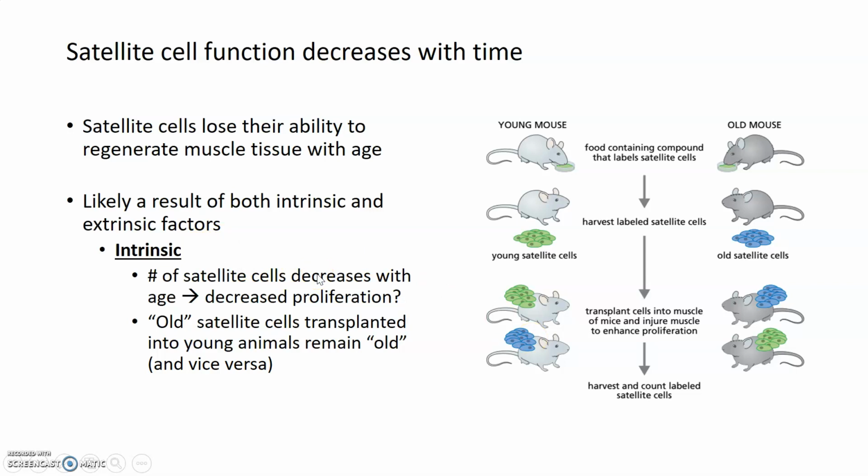They still lose their ability to function in regenerating muscle tissue. And the reverse is true as well. If you take young satellite cells and put them into an old mouse, they retain their young quality, and they work much better. They can still divide, they can still regenerate tissue. So they have to have some intrinsic capacity to determine whether they are young or old, right? And we're not sure what that really is.